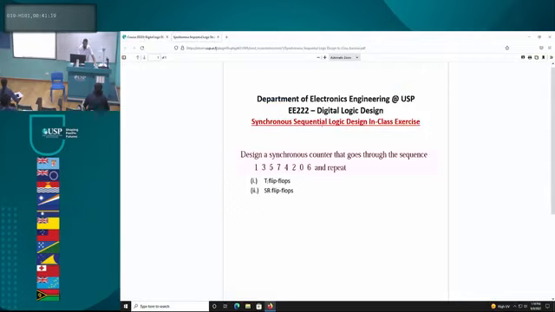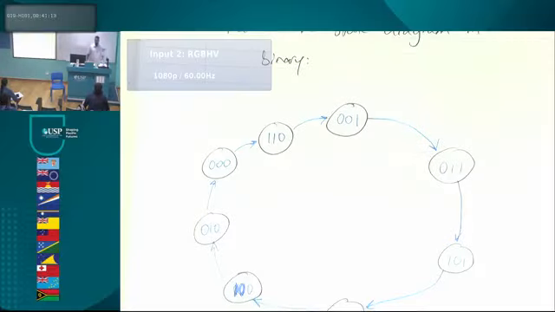If you look at the question, there were 8 states, 1, 3, 5, 7, 4, 2, 0, 6, and that's exactly our sequence. There is no reverse sequence.